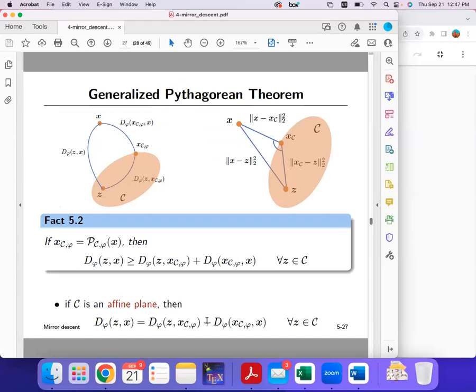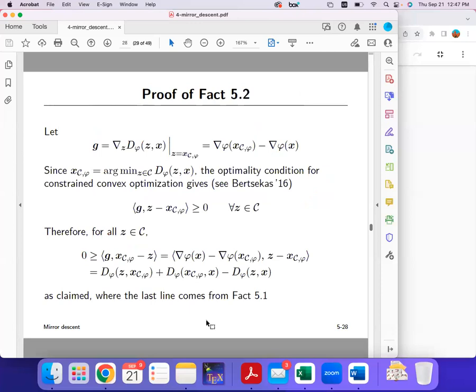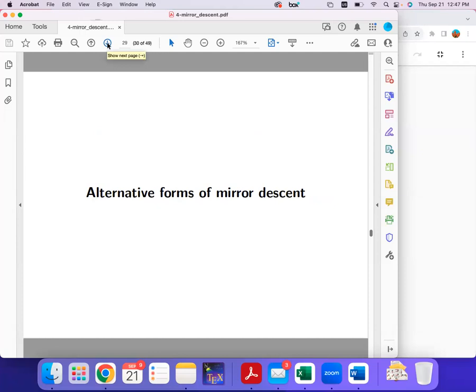These are very useful when we analyze the mirror descent algorithm, because it involves this Bregman divergence. Actually, mirror descent was first developed in a very different form.